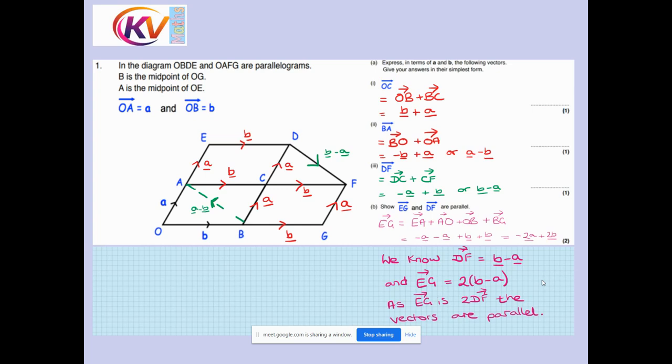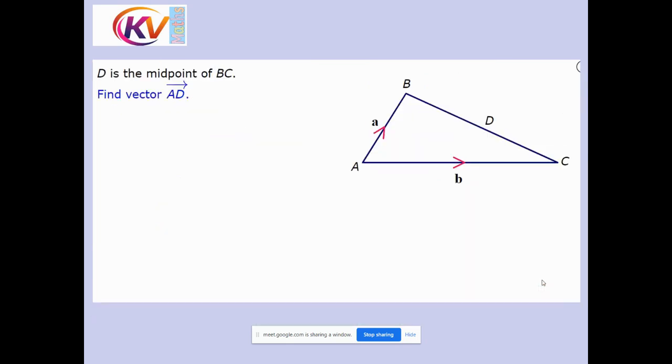All right, I will pop up the second question then. So this one's a little bit easier. I'll give you a minute or two just to have a look at this one and see if you can figure out anything that you can work out at this point.